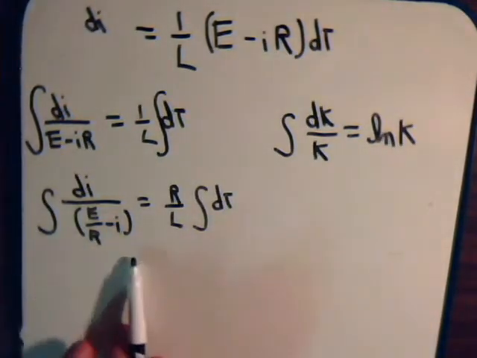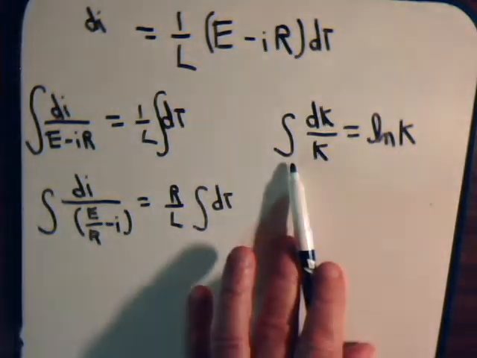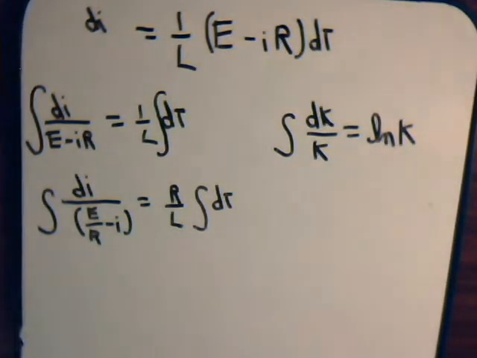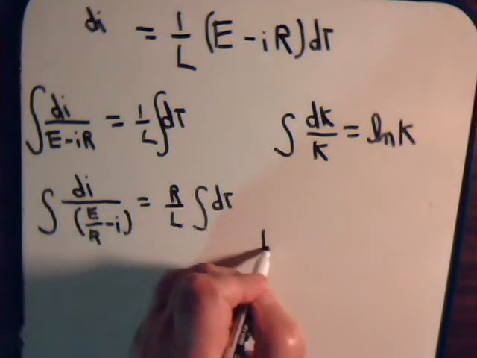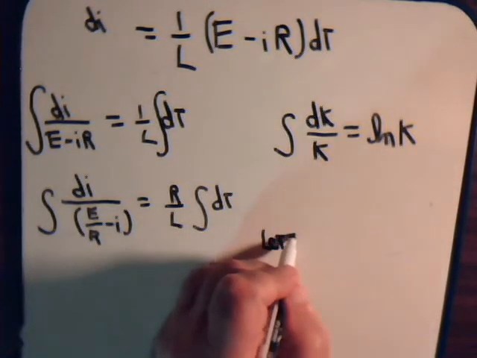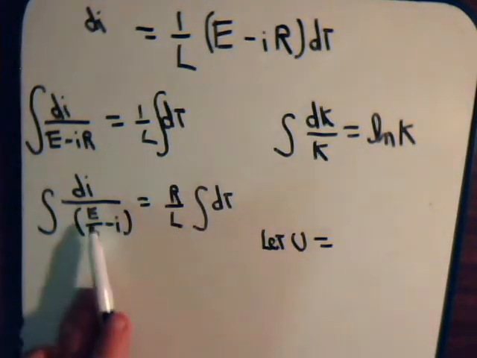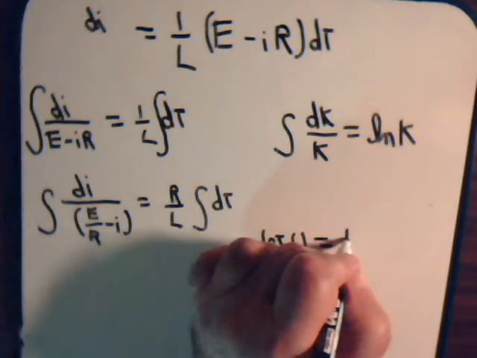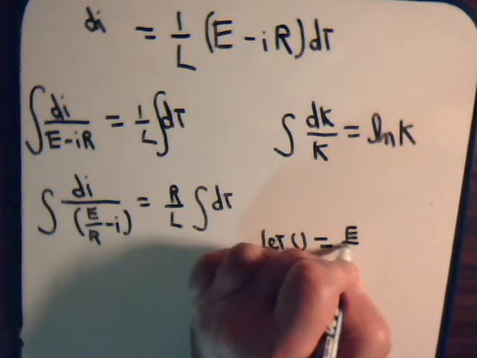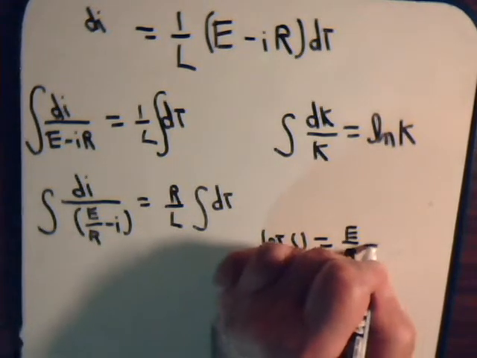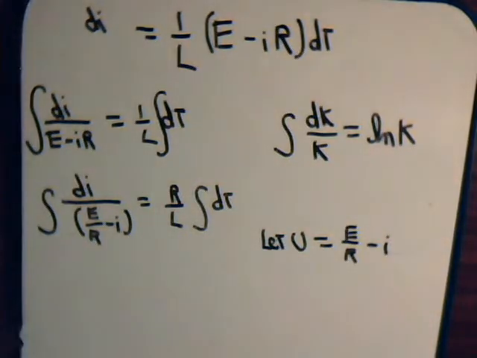So we now have this equation. And now this integral, we can fake it to make it look like this type of integral by doing a substitution. We say, let u equal this quantity, this constant, E over R, minus I. And then take the differential of both sides.